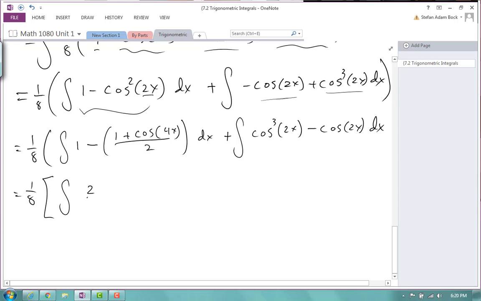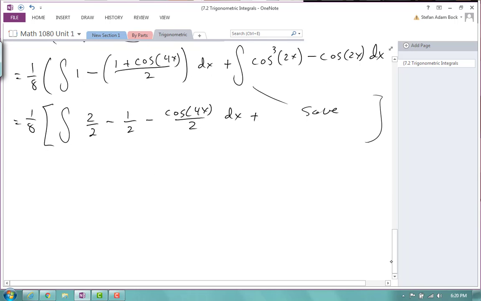So I have 2 over 2 minus 1 over 2 minus cosine of 4x over 2 dx plus, let's save this for later, which is 1/8 the integral of 1/2 minus cosine of 4x over 2.